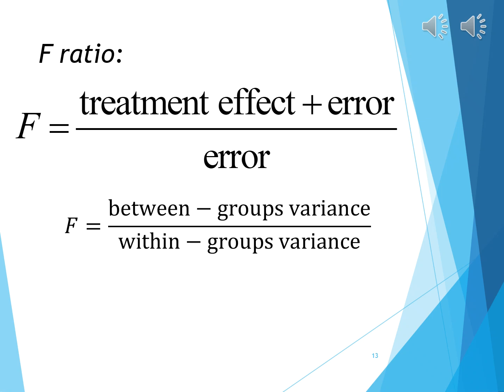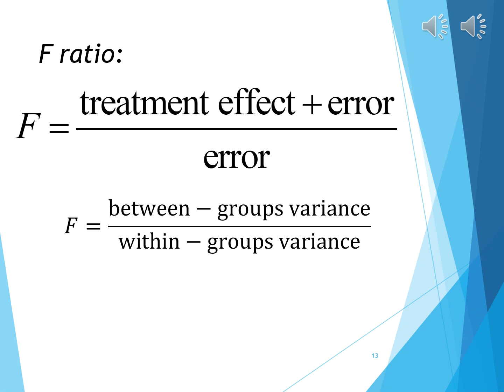If we can show that the numerator is large and the denominator is relatively small, meaning the overall F statistic will be large, then what we've shown is that there are significant differences between the groups.